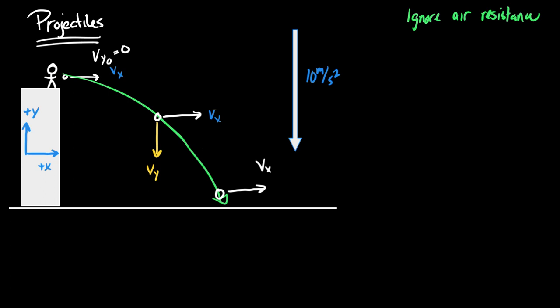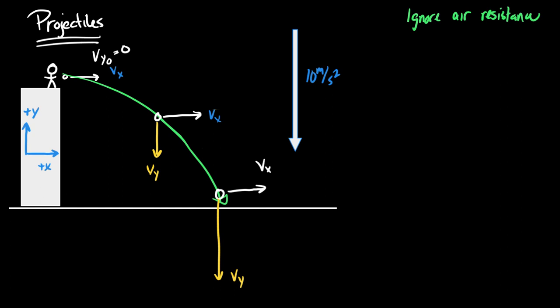I've tried to make sure the arrows were the same size the whole time. But the vertical component has been continuously accelerated and is changing. So the ball is getting faster all the time, but one component of its motion is staying the same while the other component is increasing. Are we good so far?